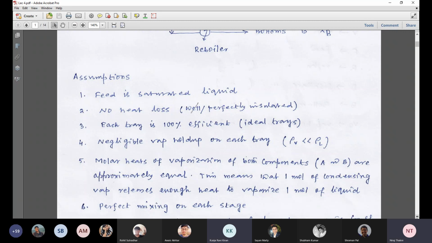Roll number 19 CH 10001, Avilas Sinha. 10003, Adarsh Kumar. 10010, Ankit Bharma. Ankit, are you there?